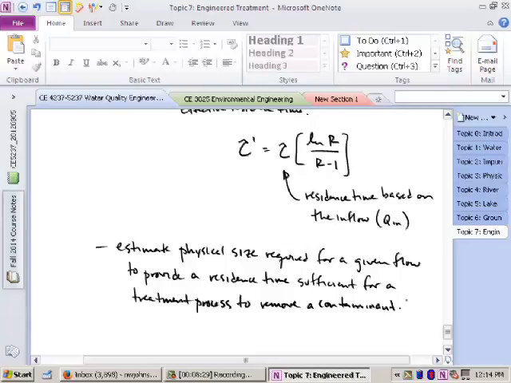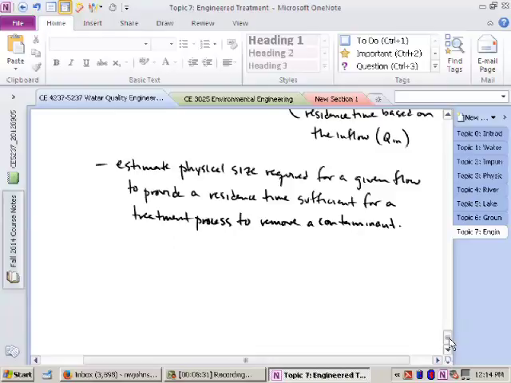We know what the flow is. We have to figure out how big the thing needs to be given the hydraulic characteristics. For a free water surface wetland, we're still kind of in the realm of hydraulics here.